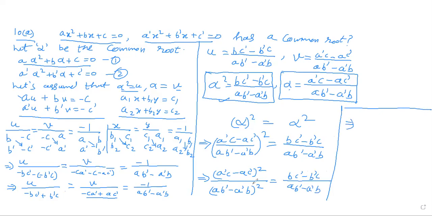It implies now in the denominator (ab' − a'b)² is in the left-hand side, and in the right-hand side it is (ab' − a'b). So one of them will be cancelled out.